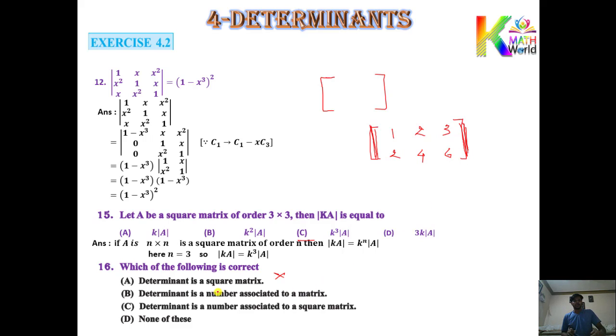It means this is not true for any matrix, but if a square matrix is there, then it is true. So if you see the next option, determinant is a number associated to a square matrix. This is not a square matrix, so you will be unable to get the value of the determinant for this matrix. It means option B is wrong, but option C is correct. So this is your option C, the correct option.